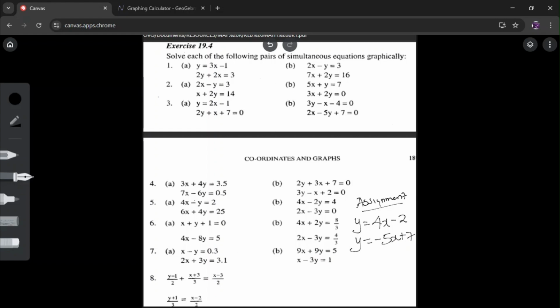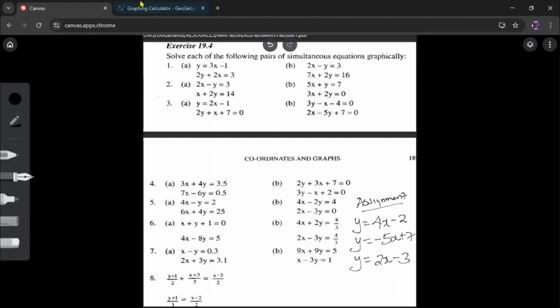The next one, I can pick another one from number 1a, which reads y equals 2x minus 3.